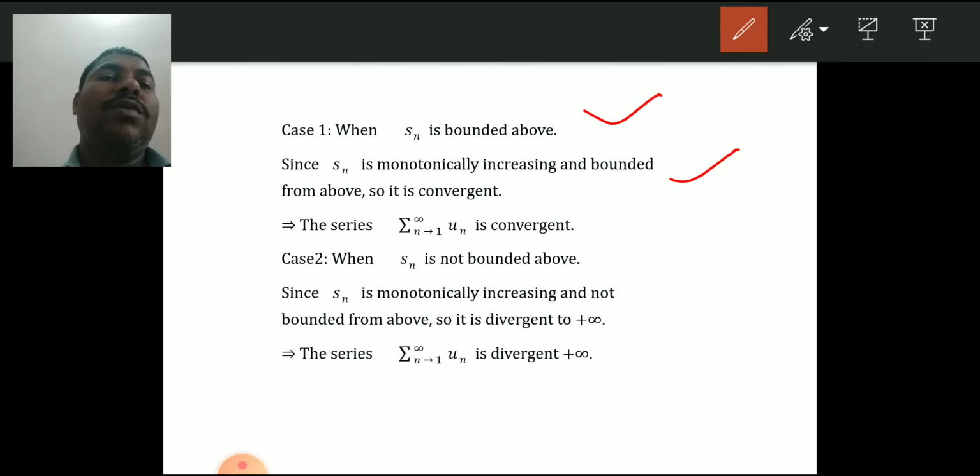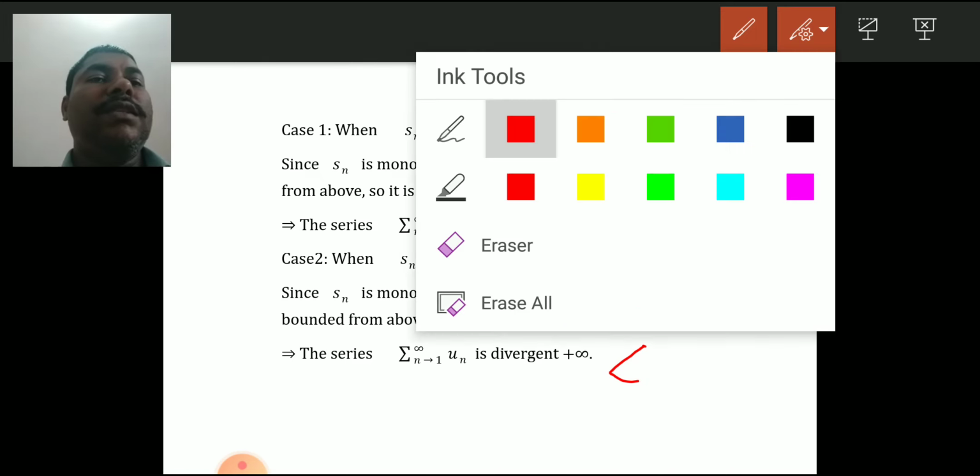So already we have the theorem, that implies the series summation n equals 1 to infinity un is convergent. Then we have case 2: when Sn is not bounded above. Since Sn is monotonically increasing and not bounded above, it is divergent to infinity. So that implies the series summation n equals 1 to infinity un is divergent to plus infinity.